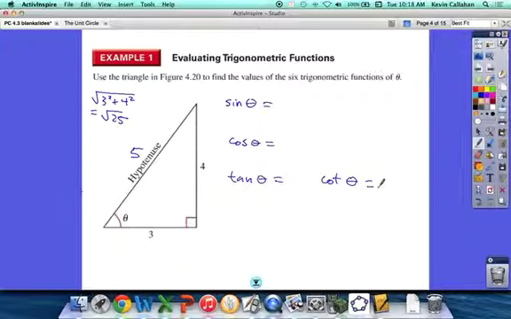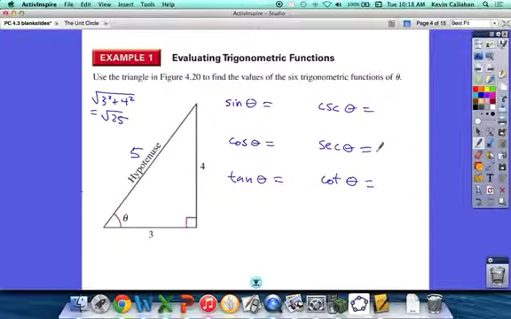Is it secant or cosecant? Cosecant. Cosecant is going to be the flip of the sine. And the secant is the flip of the cosine.